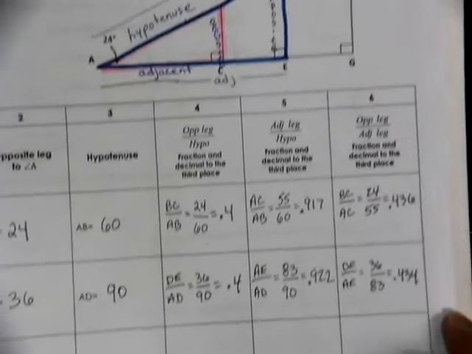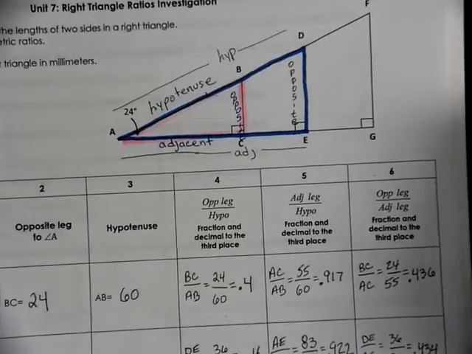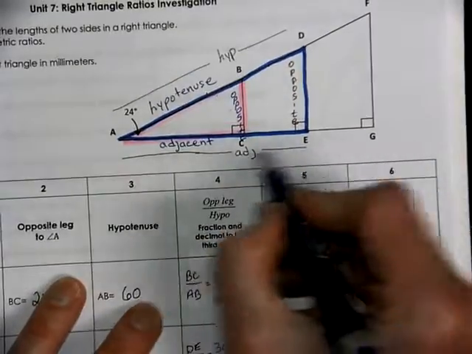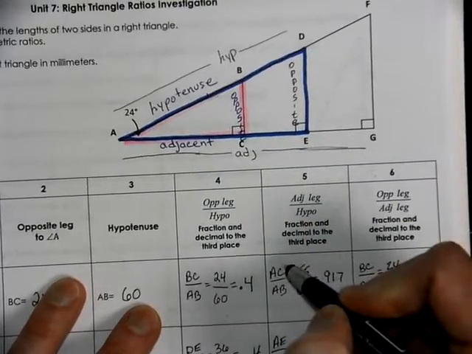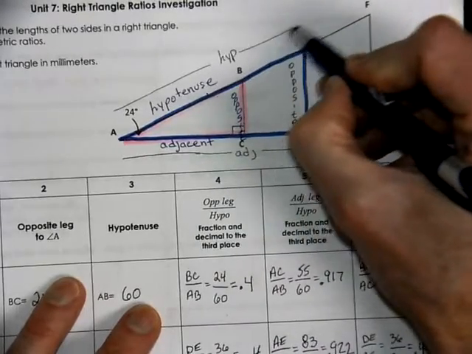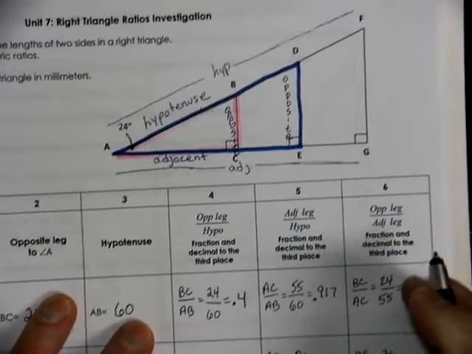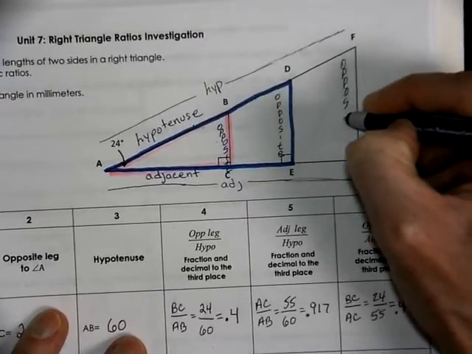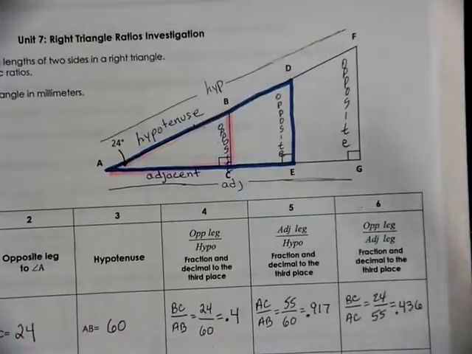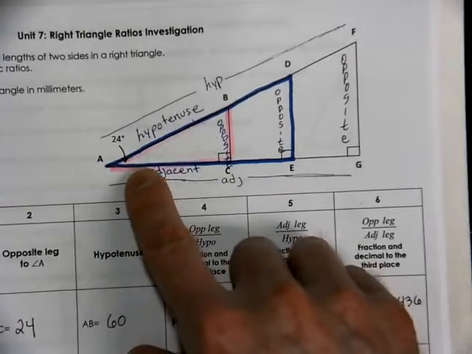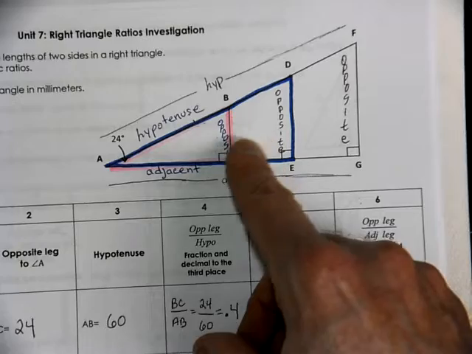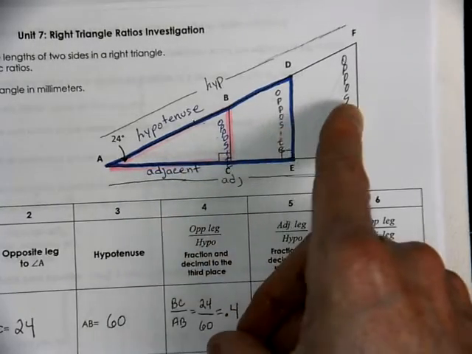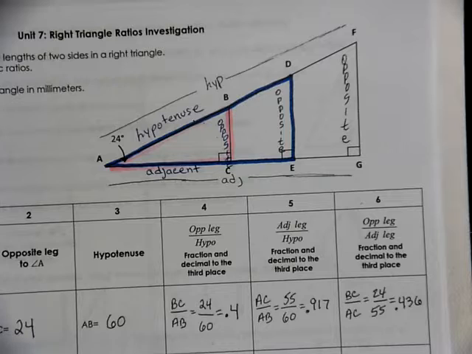So go ahead and work with the largest triangle now. We have the adjacent side, which is all the way down, and the hypotenuse is all the way to the top. And the opposite side is across from the 24. So in our future lessons, it's going to be very important for you to understand where is the adjacent side.